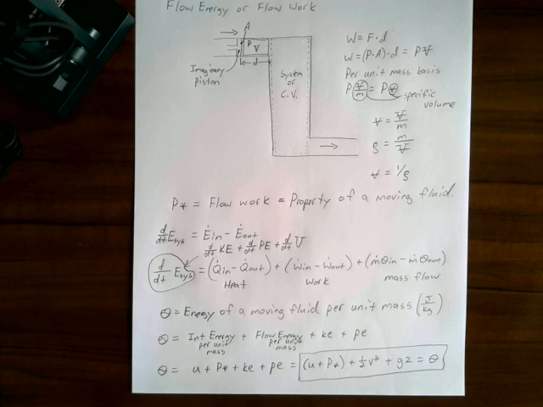But they're only state properties, is my point. These are properties of the fluid. This relates to how fast the fluid's moving, and this is related to how far it is off the datum plane or the ground or whatever it is you're going to use for the elevation. Okay?